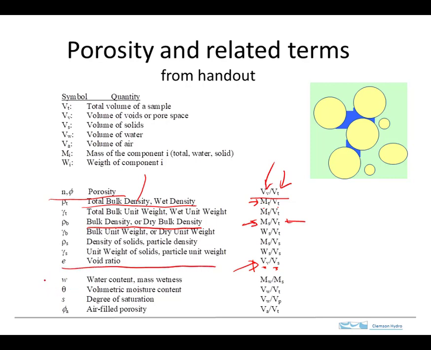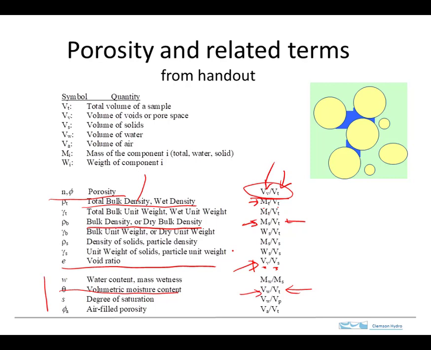And there are several others that are related to porosity. The volumetric moisture content, that's the volume of water to the total volume. So if we compare that to the porosity, the volumetric moisture content would be equal to the porosity for saturated conditions.